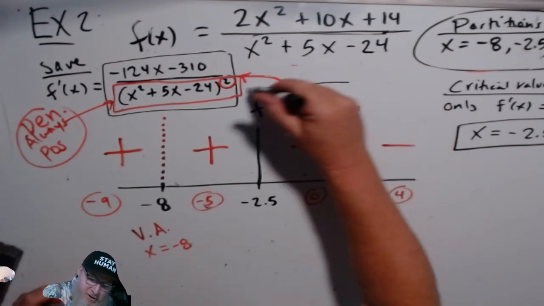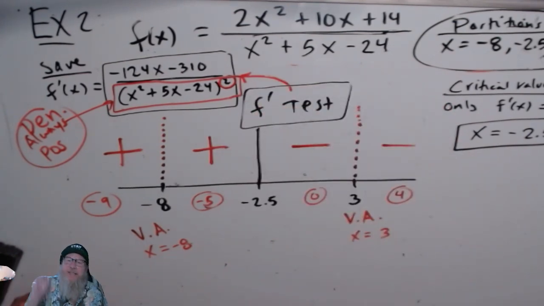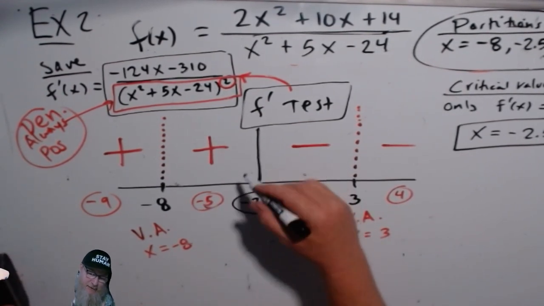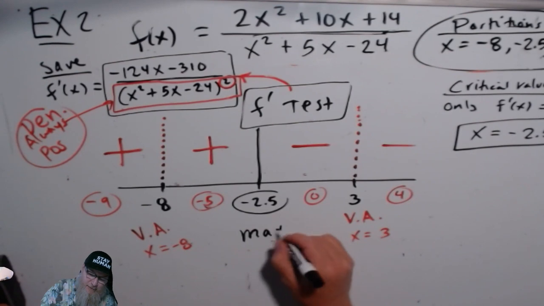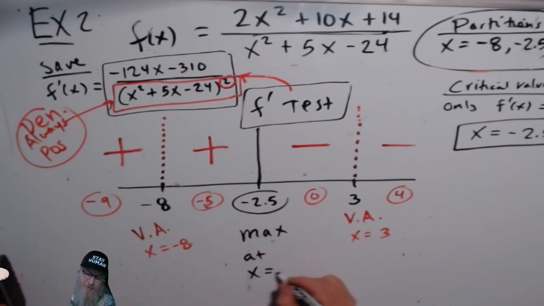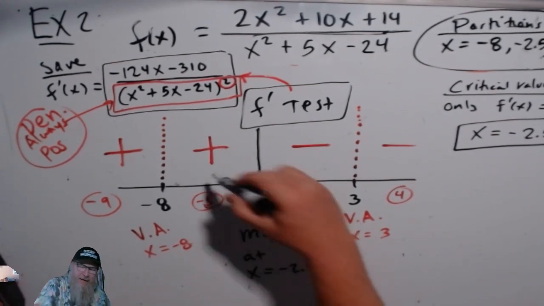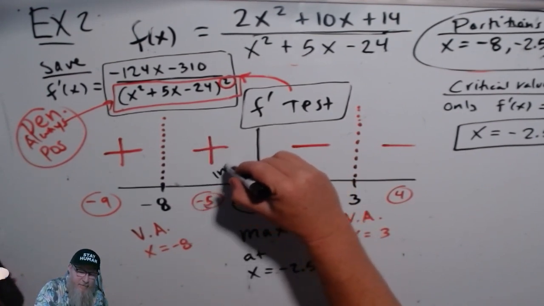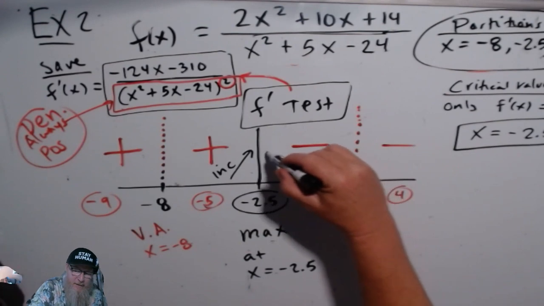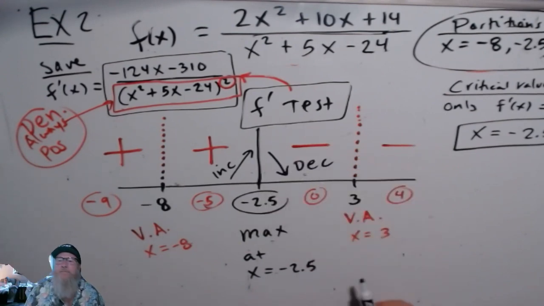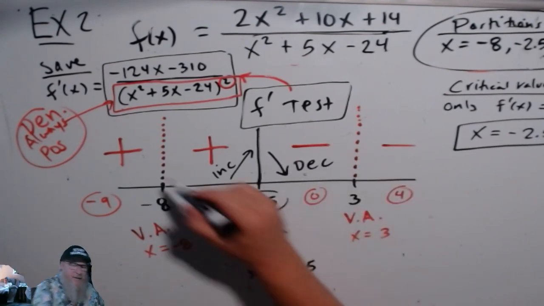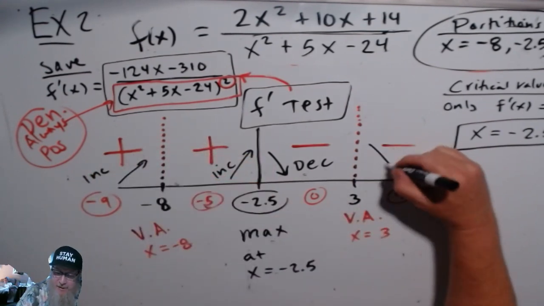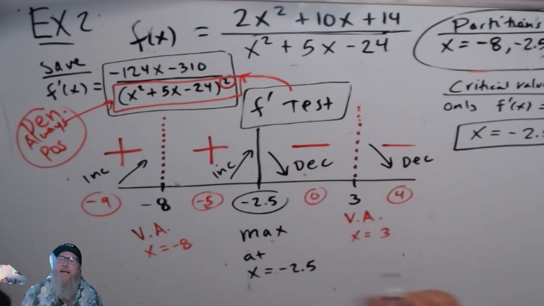Now this is the first derivative test. So this tells me that there is a max at x equals negative 2.5. It is changing from increasing to decreasing. It's also increasing over here too, but that one's not changing. And it's also decreasing over here, but again, it's not changing.